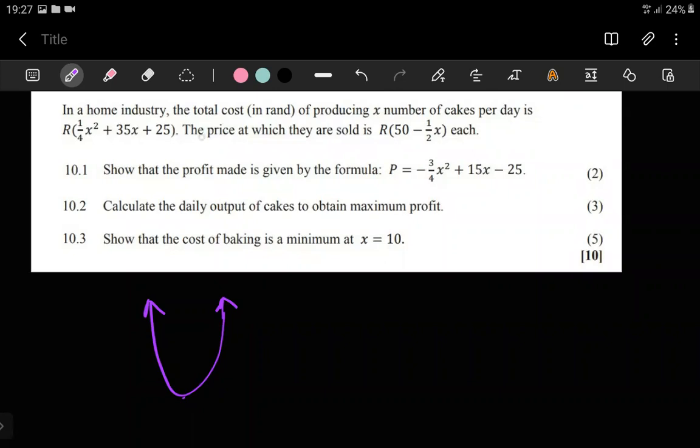Now here they're saying the price at which they are sold is this much. We can clearly see that the price at which they are sold is also based on the number of cakes that they make. Without overthinking it, you want to remember that this is literally going to draw a straight line graph.